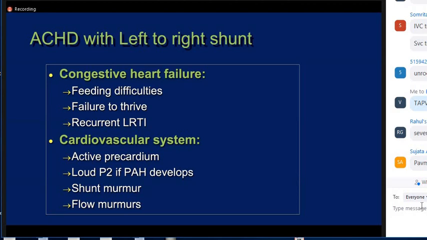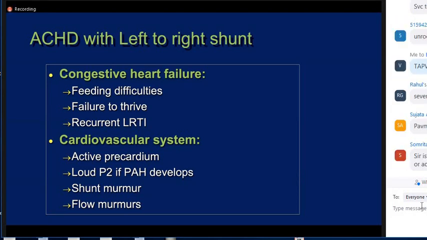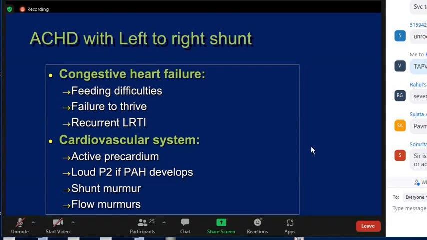So this is typically called the suck-rest cycle. Failure to thrive, recurrent respiratory tract infection, respiratory distress, all these are symptoms of heart failure due to left to right shunts in infants.